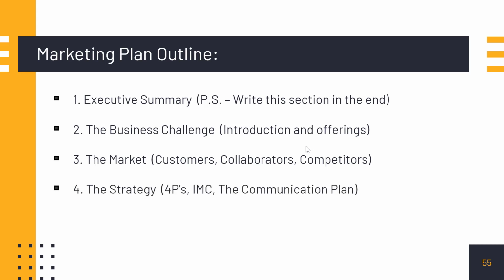The fourth one is the strategy, like what are you going to do in day-to-day operations, who are you going to hire, how are you going to communicate these offerings to the customers, and everything.